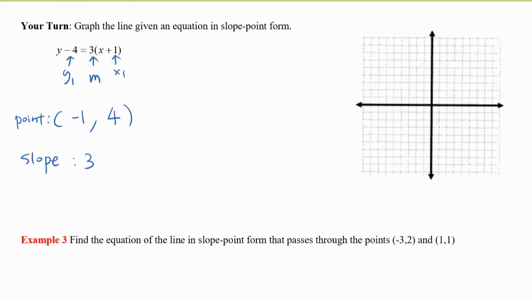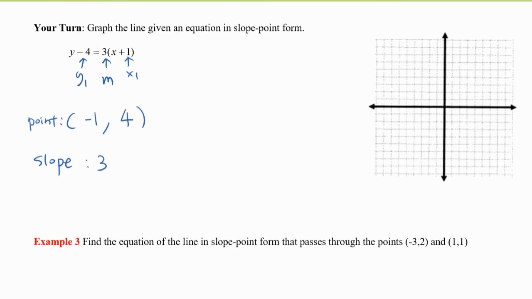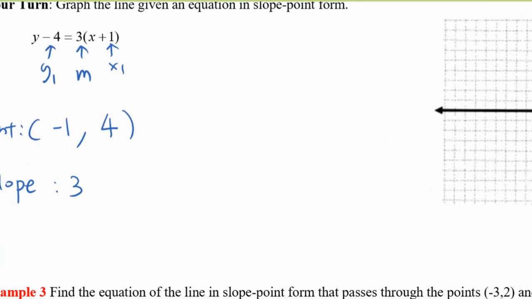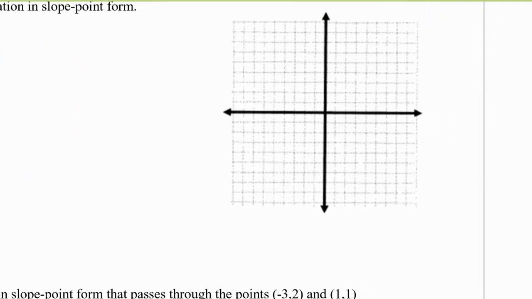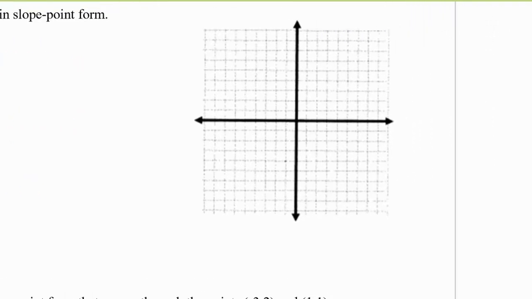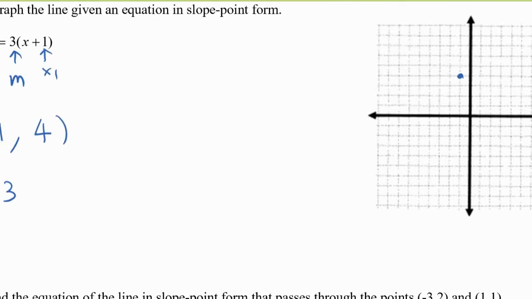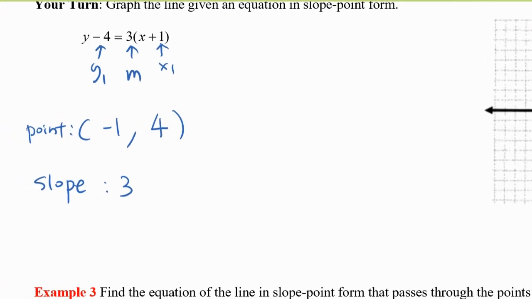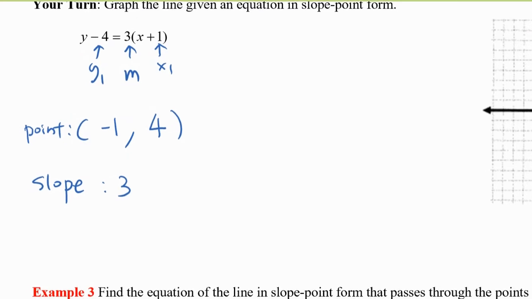So we know the point, we know the slope, and now we can just make a line. So -1, +4 is here, right? And the slope. When you have a slope of 3, that is 3/1.